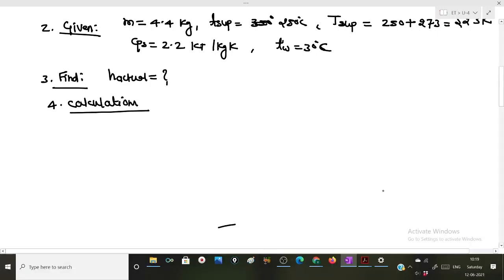So our calculation will always start from finding out the properties of steam at saturated conditions at given pressure or temperature. So we have been given pressure of 6 bar.